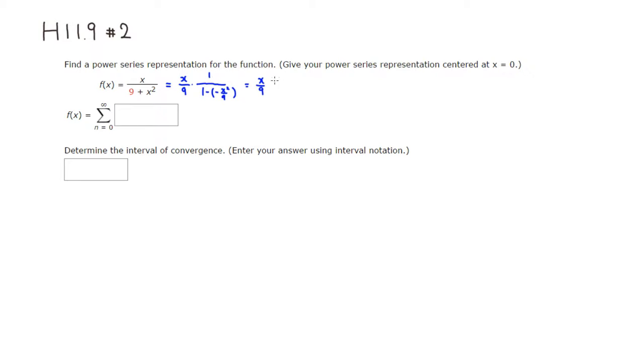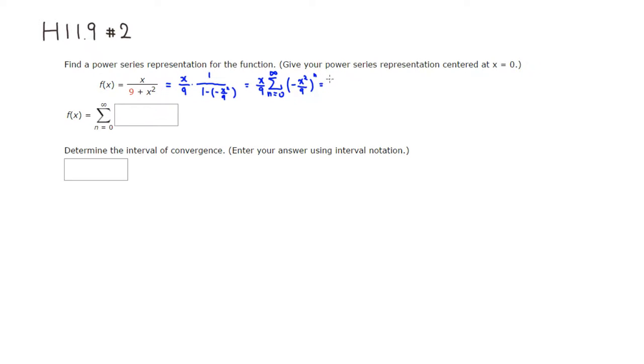But this part, we can use the summation, n goes from 0 to infinity, of negative x squared over 9 raised to the n. Then we can clean it up a little bit.